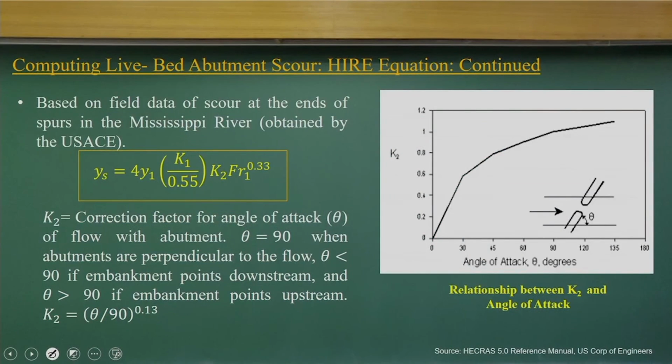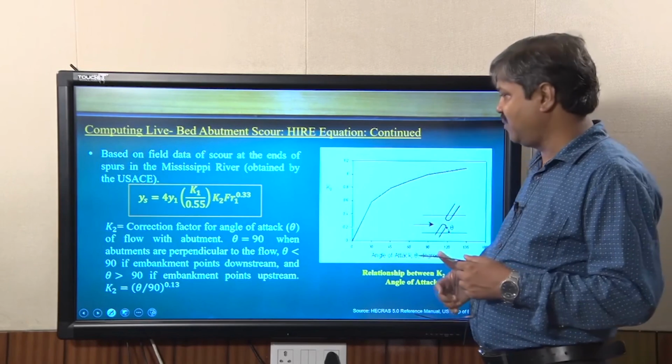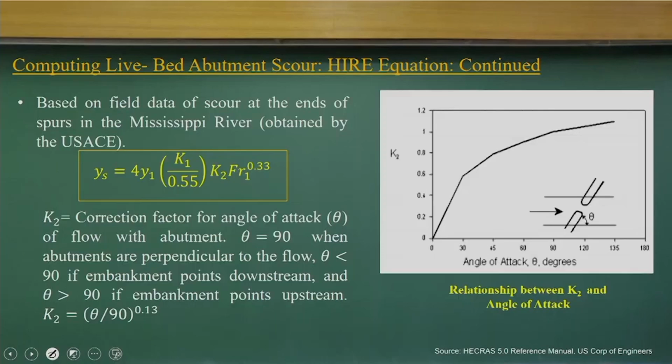If you look at the K2 variation, most of the time we try to have the abutment perpendicular to the river flow, that is theta equal to 90 degrees, but it doesn't always happen. In many cases you will have a theta angle, with the embankment pointing towards downstream or upstream.